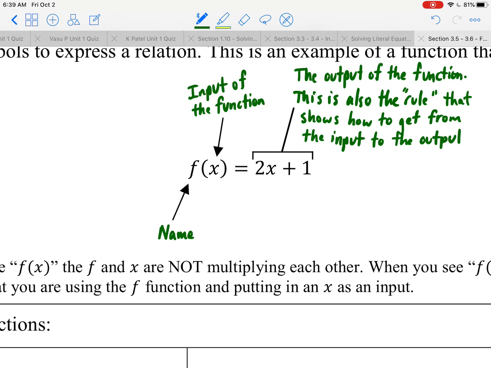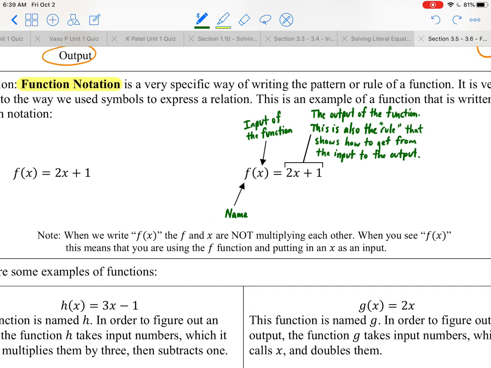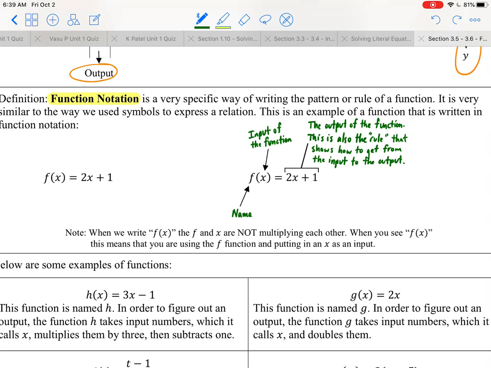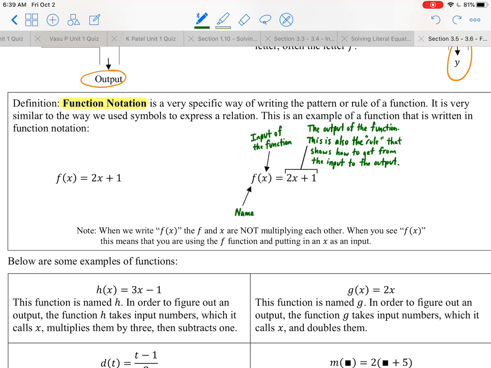So you can call it the output, but within this 2x plus 1 here, it's actually showing you what you need to do to the input to get the output. Okay, and this is a really, really profound idea here, and if you get this, you're going to do really well in algebra.